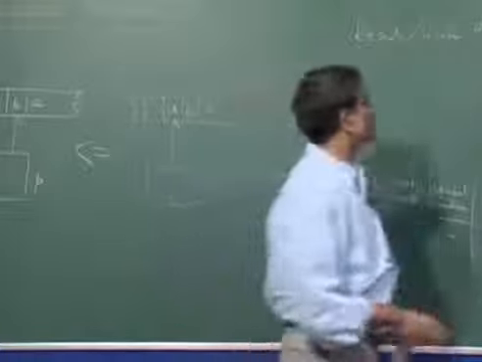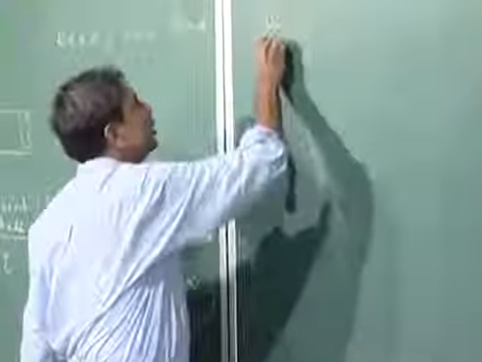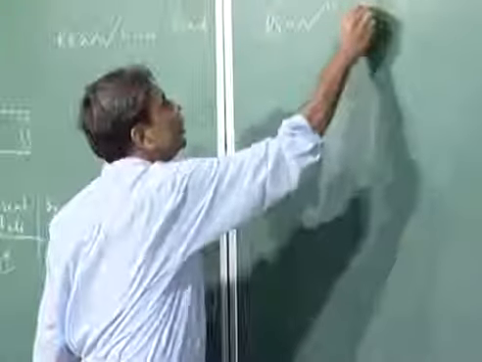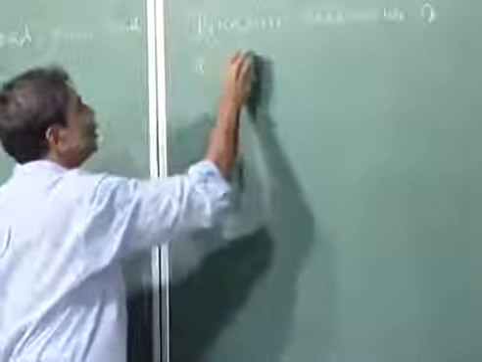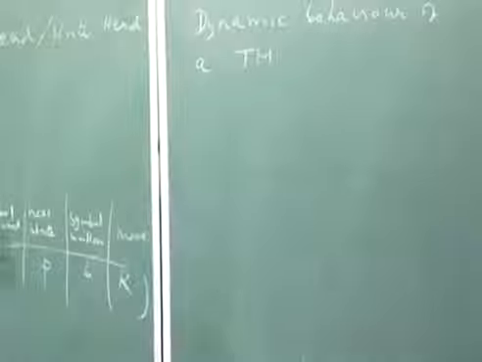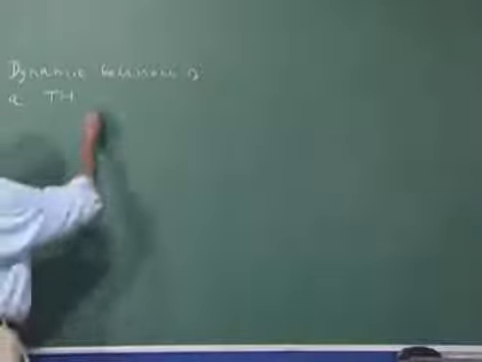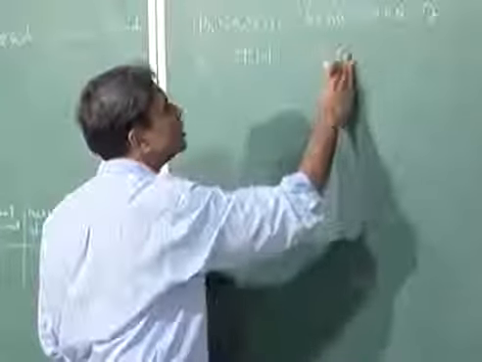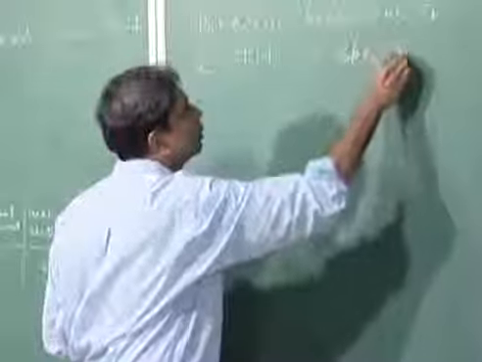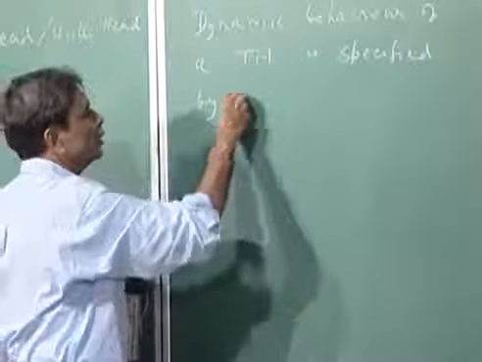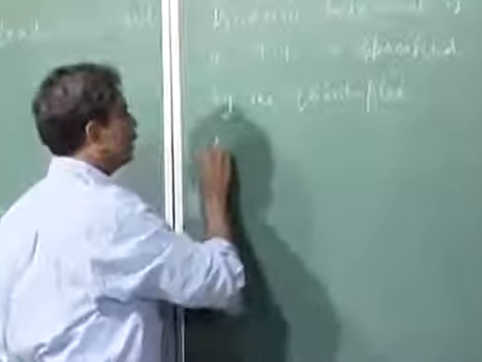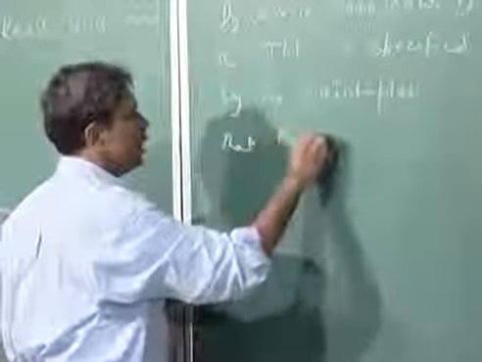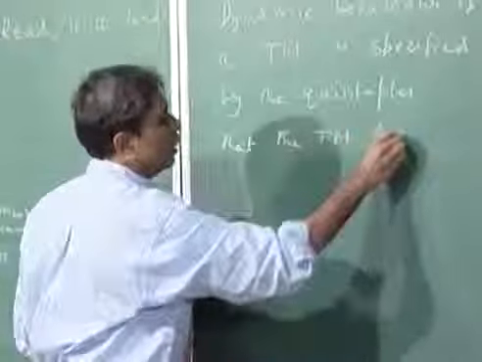So the dynamic behavior of a TM, I will keep writing this TM abbreviation for Turing machine, is specified by the quintuples that the TM has.